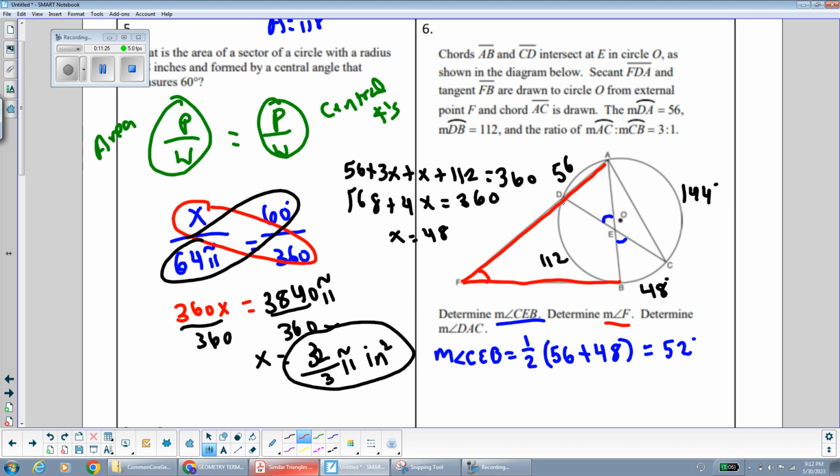And then there's the smaller one, DB, that's also contained completely inside the angle. So the measure of angle F, the outside angle, is equal to half the difference of the intercepted arcs, 144 minus 112.